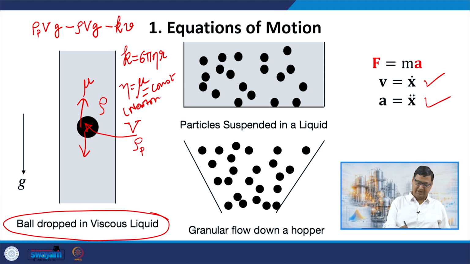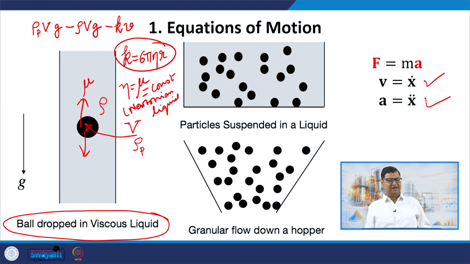Of course, this is an empirical relation, so there are limits to the applicability of this particular relation. But other than that, the fact that the viscous force that resists the motion is proportional to the velocity is somewhat general. So, we can take it that way.